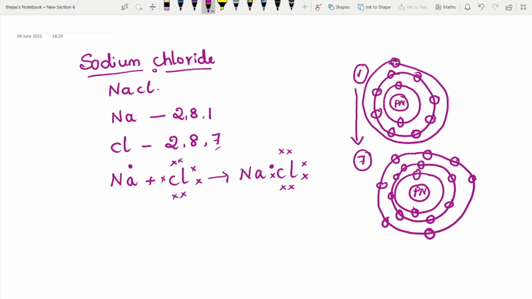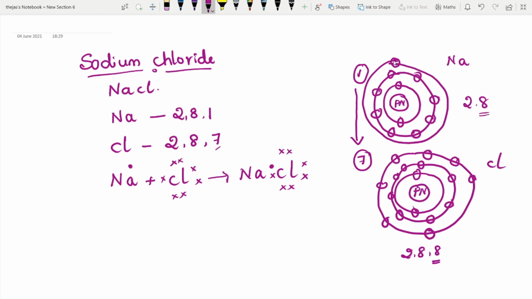Here it is the sodium atomic structure and it is the chlorine atomic structure. Here the sodium gives 1 electron to this and it becomes 2, 8, 8. The outermost shell has 8 electrons. As the sodium gives 1 electron, here it becomes 2, 8.